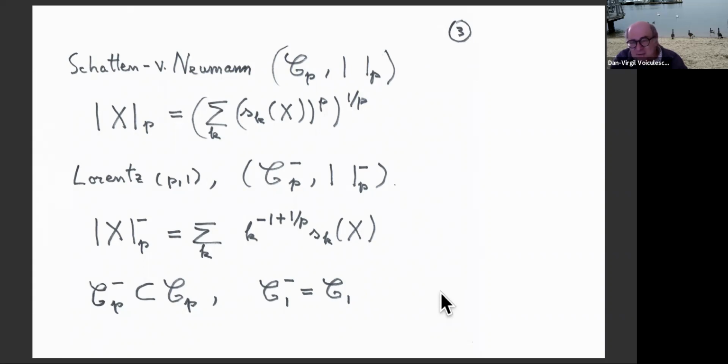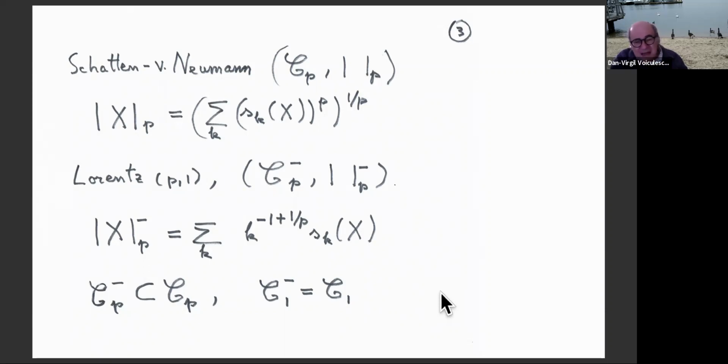So there is this Lorentz scale with two indices p, q. The Lorentz (p,q) are increasing in q, and the Schatten-von Neumann class is the class (p,p). And you have here a lexicographic order among these ideals. Somehow the second index is a refinement of what you have around p.